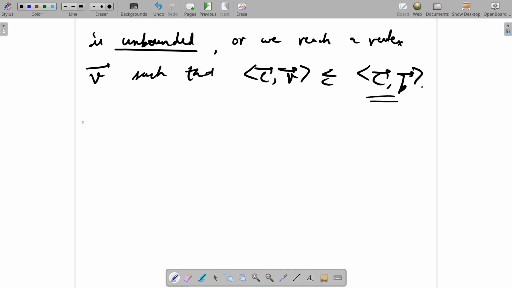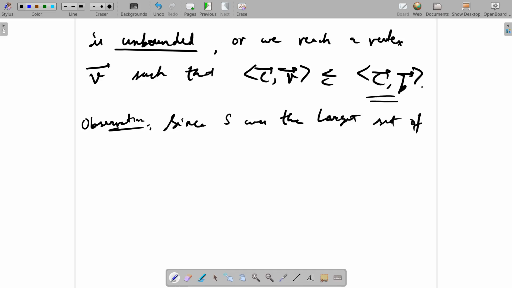so a quick observation here. Now recall, S was the largest set of indices such that the corresponding constraints are tight on S. So indices, you can just think of, we have named the rows, right?